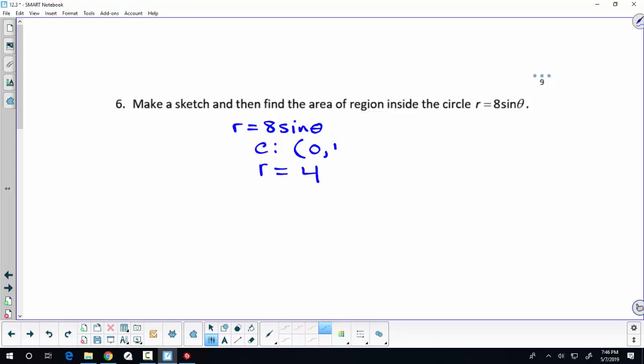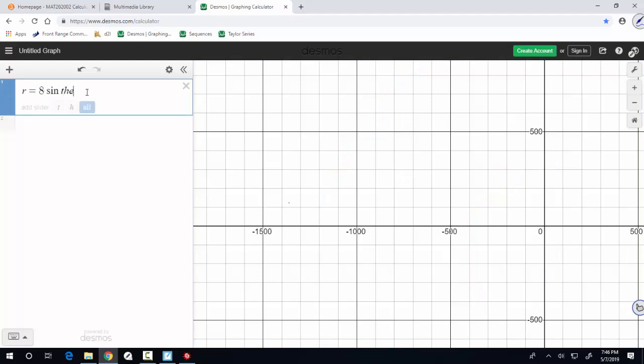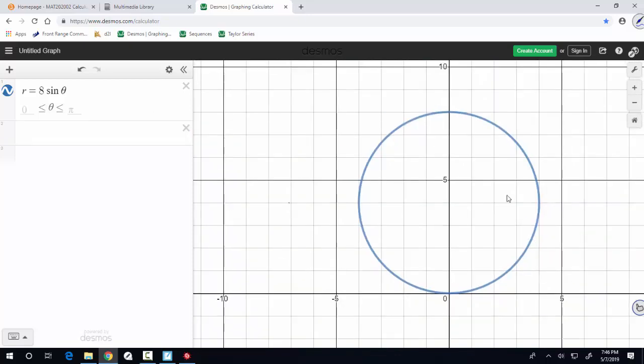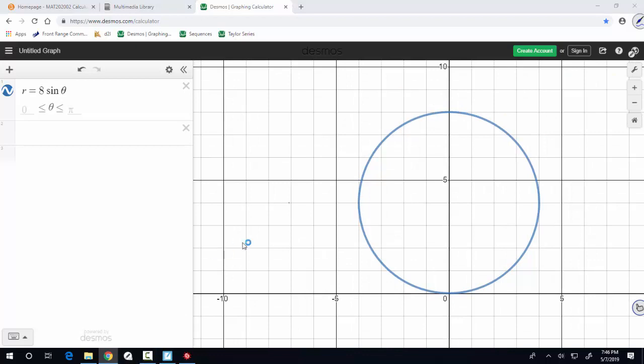It's positive, so the center gets moved up 4 units. Okay, so there's our sketch.